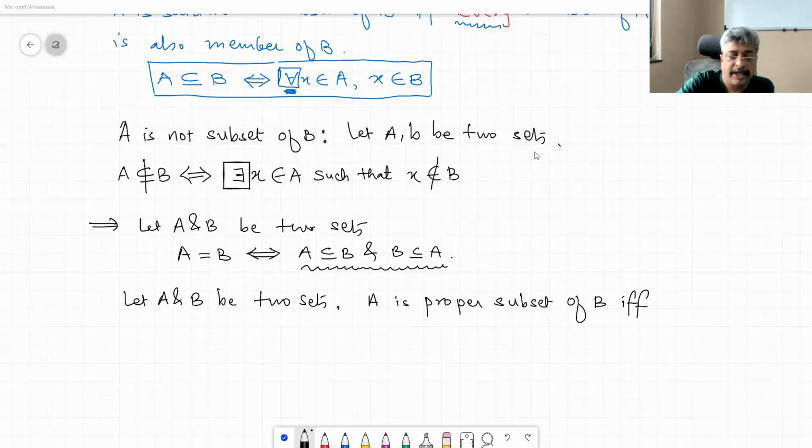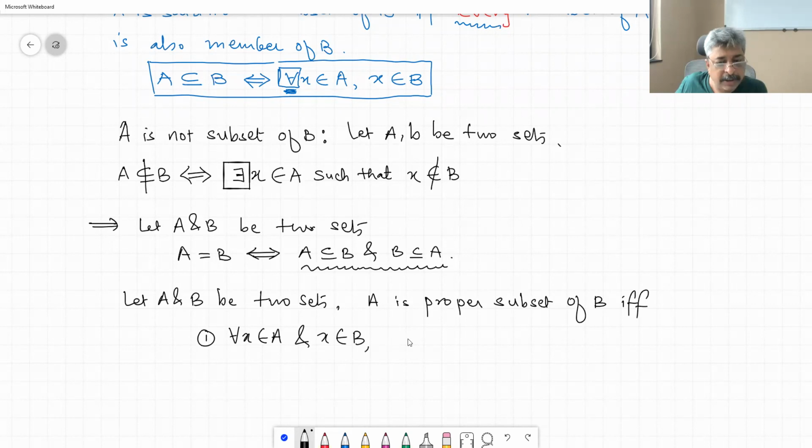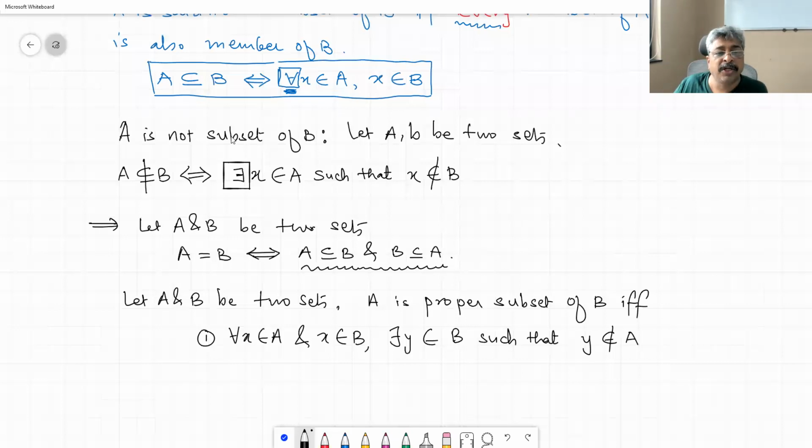So now you start telling. Shaurya had said this, so I write that definition like this: for every x belonging to A, x belonging to B, there exists y belonging to B such that y does not belong to A. So using the first two definitions, subset and not subset, he has created this, which is correct.